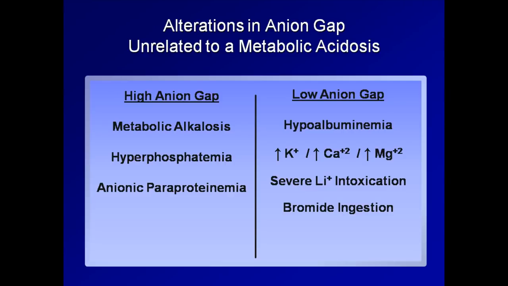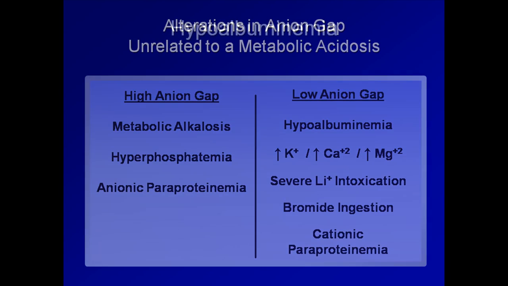This can be seen with therapeutic levels of pyridostigmine bromide, sold under the brand name of Mestinon and used for myasthenia gravis. Finally, the presence of a cationic paraprotein, such as a monoclonal IgG in multiple myeloma, can also lead to a low anion gap. In fact, an unusually low anion gap, in the absence of an obvious electrolyte disturbance or hypoalbuminemia, may prompt an evaluation for multiple myeloma.